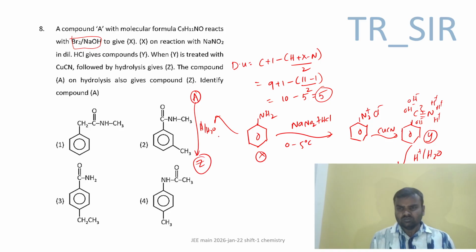That means what happens? A must be the one which after one hydrolysis has to give carboxylic acid. So let us check where it can give it upon one hydrolysis. If I do here, no, I cannot get the Z. If I do here, I can get the Z. But what will happen in this case?